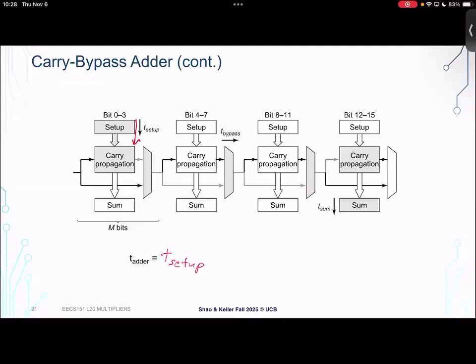Then we do need to actually do, in the worst case, the carry propagation for those first 4 bits, right? So we go through this first block like normal. So we have M bits in each group. In the example I just showed, it was 4.